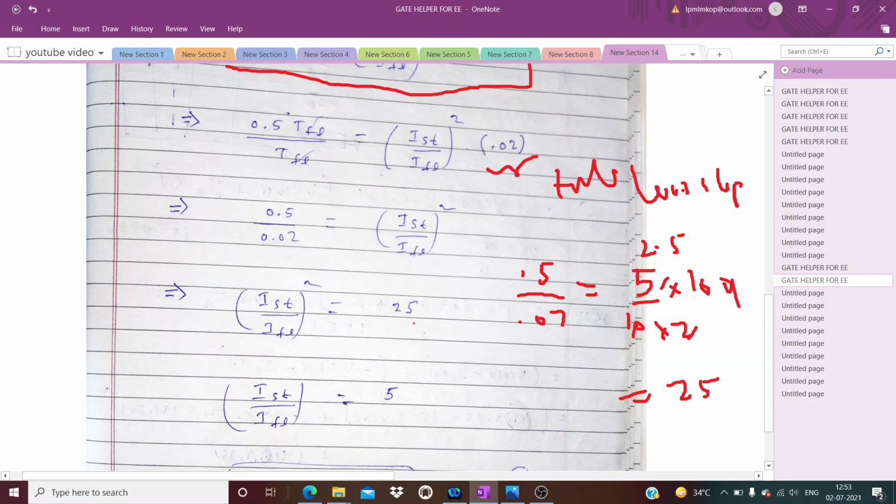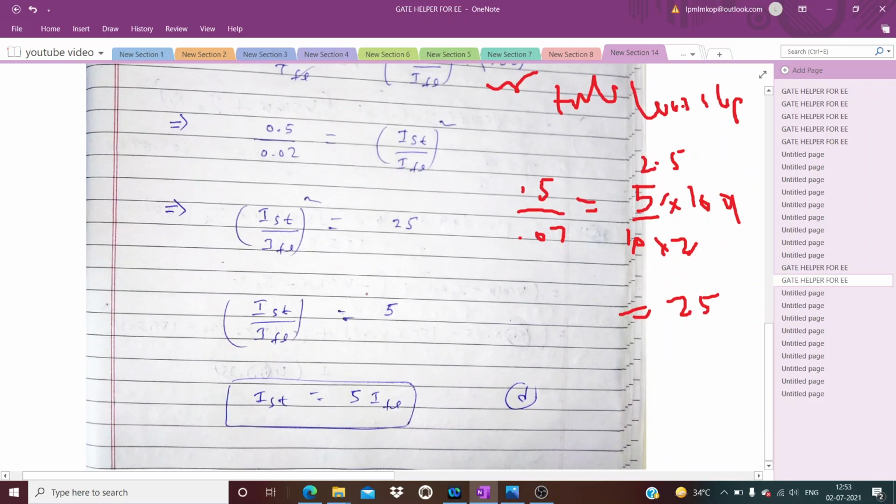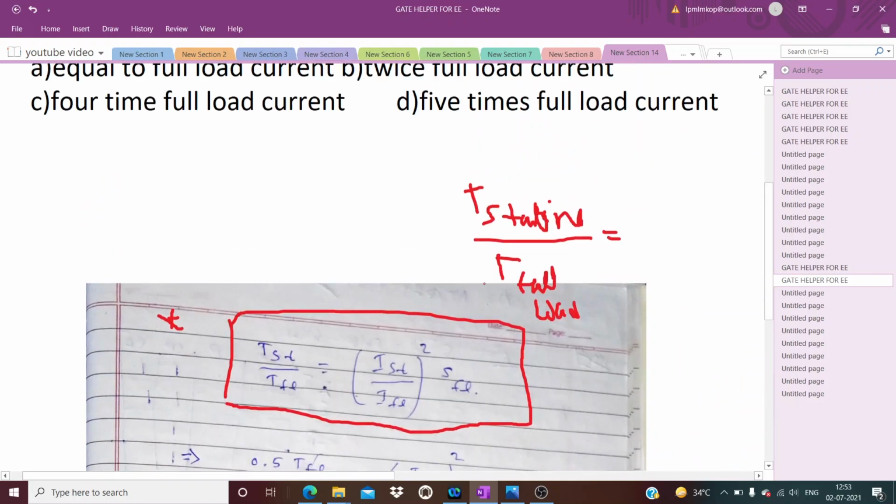Now if you take the square root on both sides, it simplifies: I starting will be 5 times the full load current. So D is the right answer for this question.